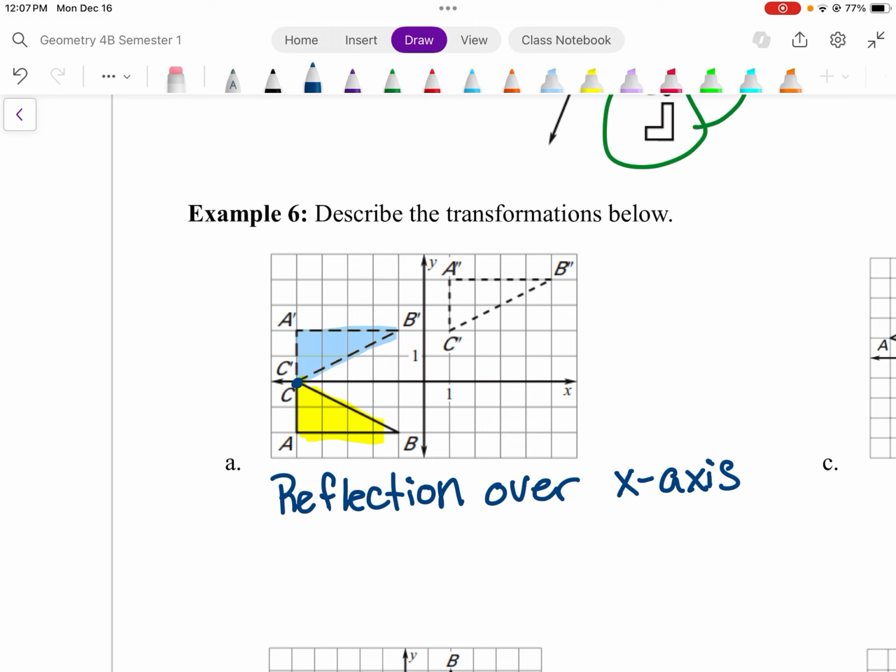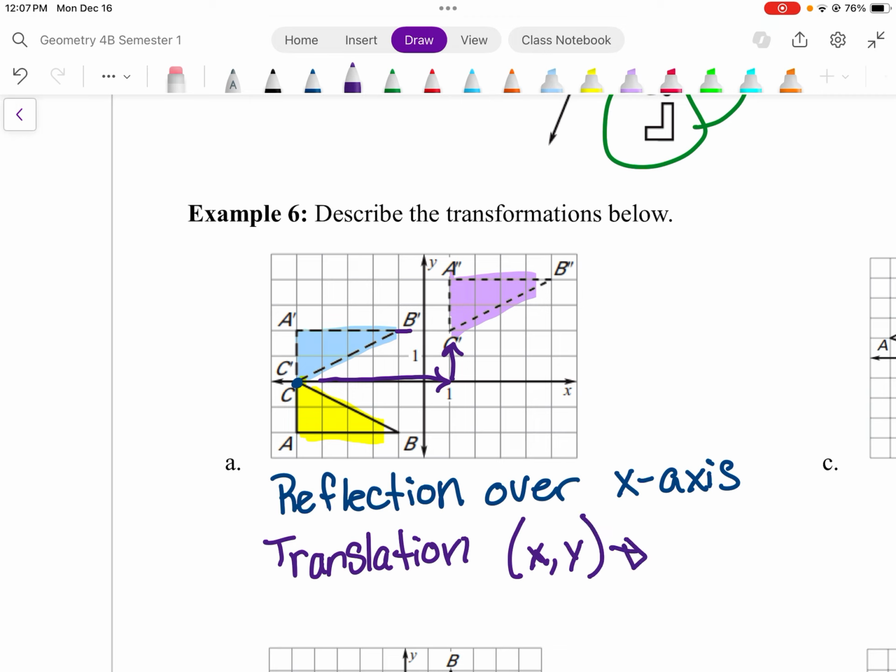Now we are going from ABC prime to ABC double prime. For this one, we just moved our shape over and then up. So anytime you just move it over and up, that is a transformation, or sorry, a translation. And when you are given a translation, you have to write the rule. And we went over how to write translation rules in 6.1. So you start with the x comma y, and then you do an arrow.